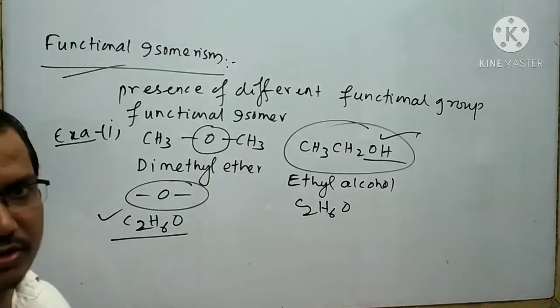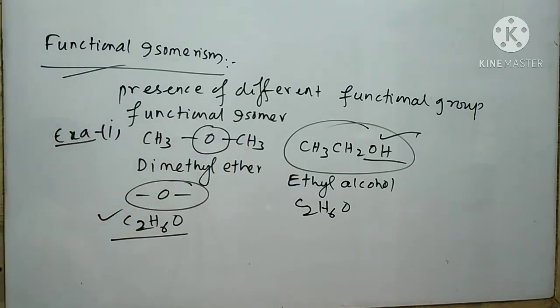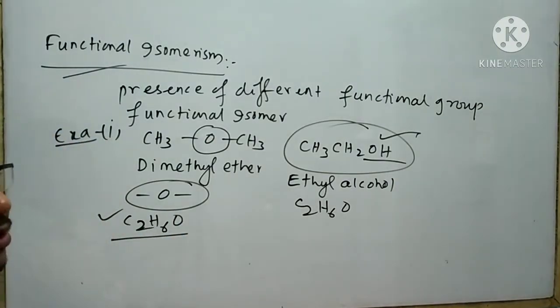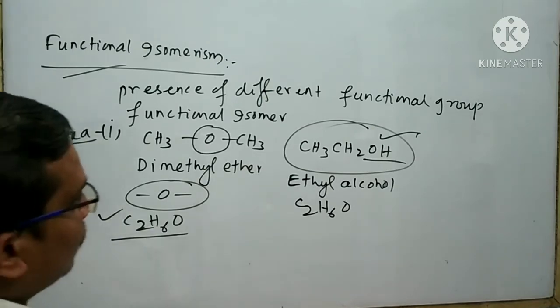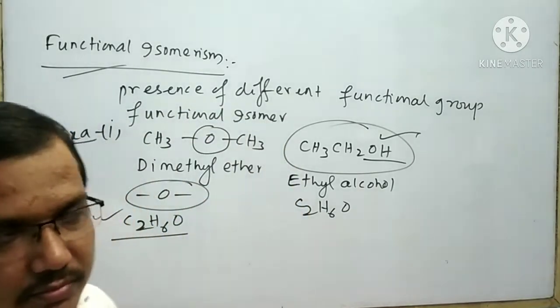Here the ether functional group is present, here the bond OH functional group is present. That means these two examples have the same molecular formula but they are different in the functional group. So these two compounds are said to be functional isomers.